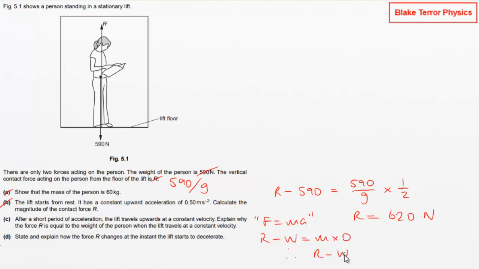Therefore, R equals W. So you could do it that way, or you could just say there's no acceleration, so there's no net force. You've got different ways of putting it. So you could say V constant implies, therefore a equals 0, therefore F equals 0. Two different ways, whether you want to go the formula approach or writing out some sentences.